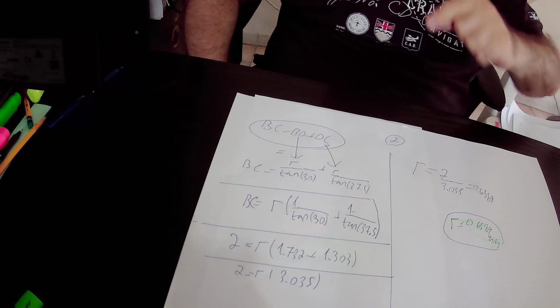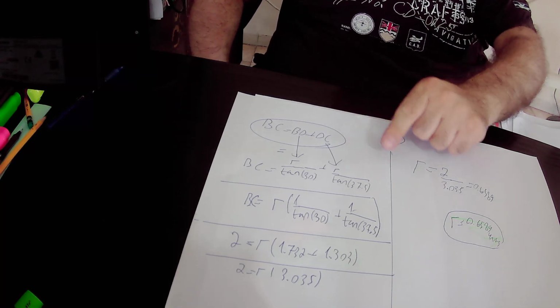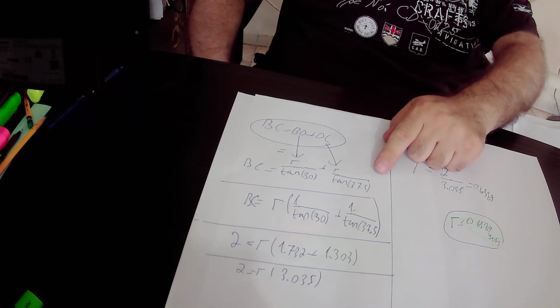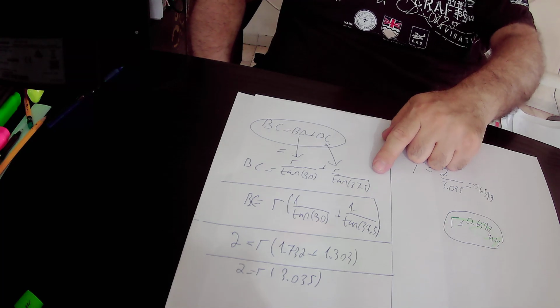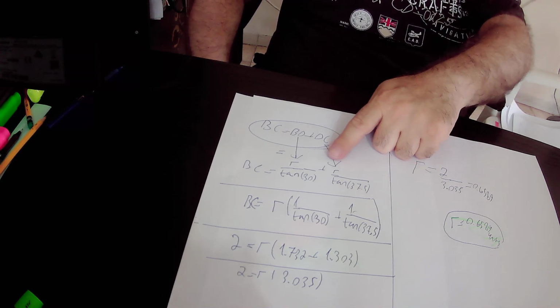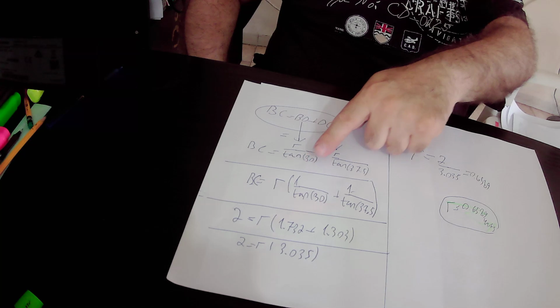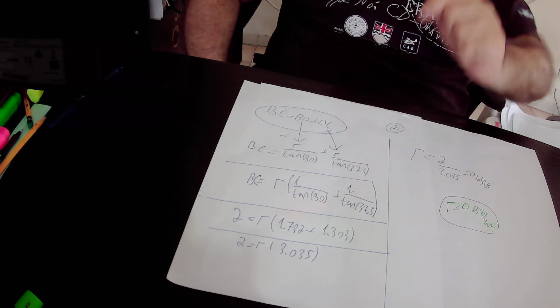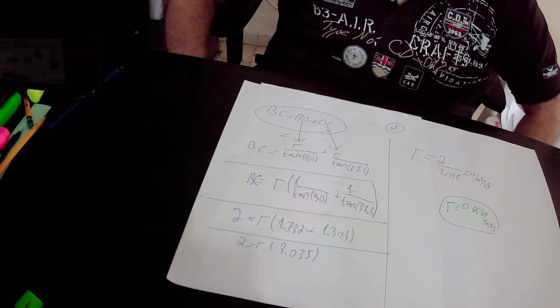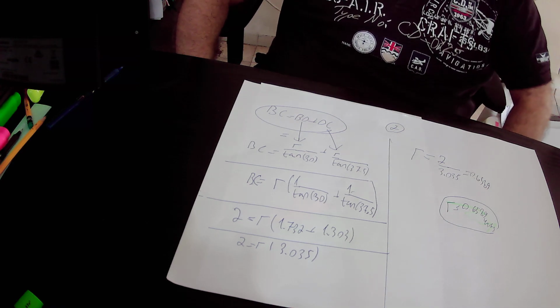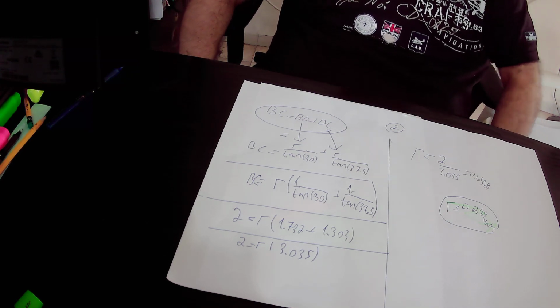BD equals R over tan 30 degrees, DC equals R over tan 37.5 degrees. We took R as a common factor and we got that BC equals R times the quantity 1 over tan 30 degrees plus 1 over tan 37.5 degrees.